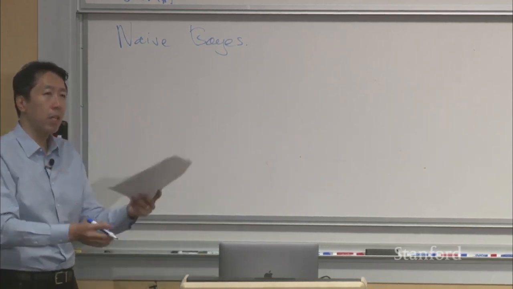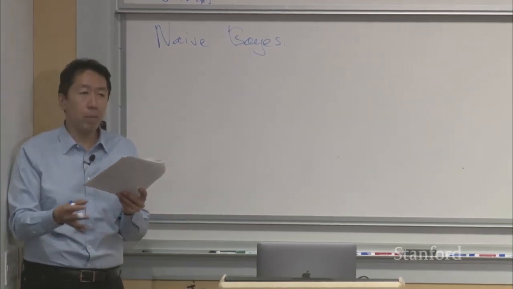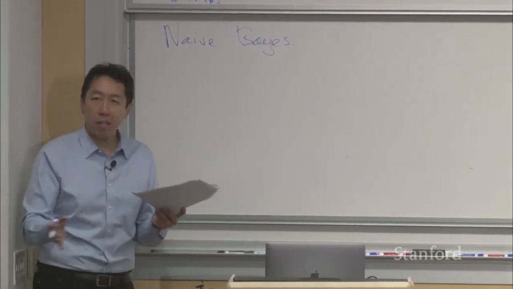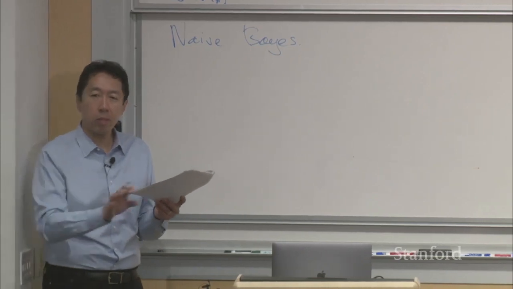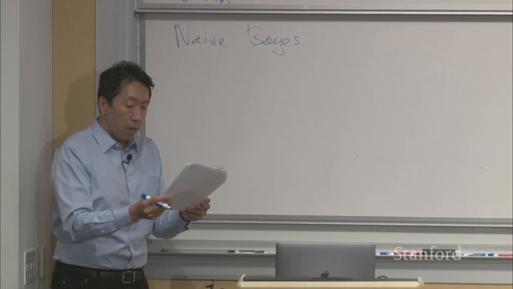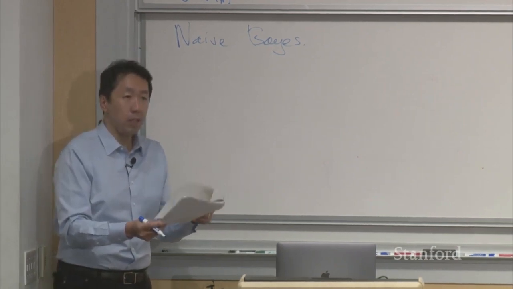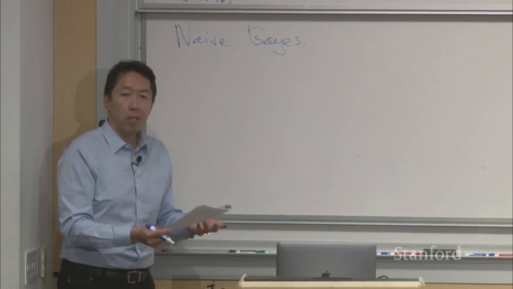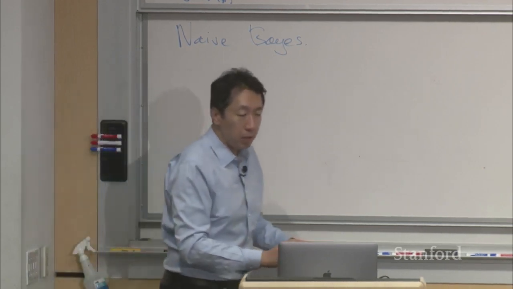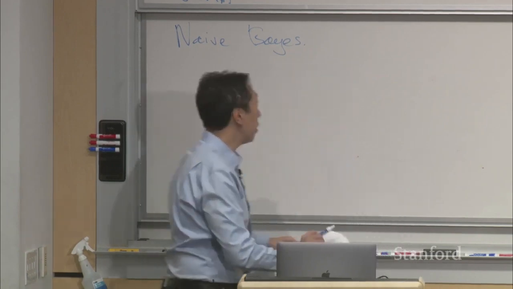So you have a piece of text and you want to classify it into one of two categories, spam or non-spam, or one of maybe thousands of categories if you're trying to take a product description and classify it into one of the classes. And so the first question we will have is, given an email classification problem, how do you represent it as a feature vector?